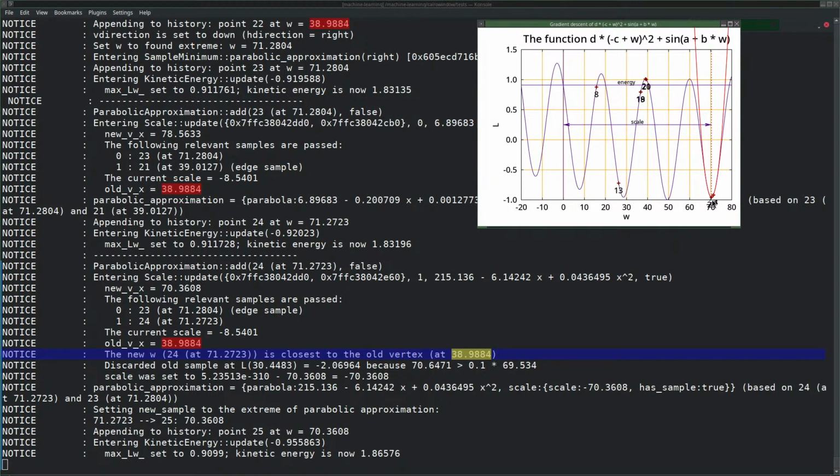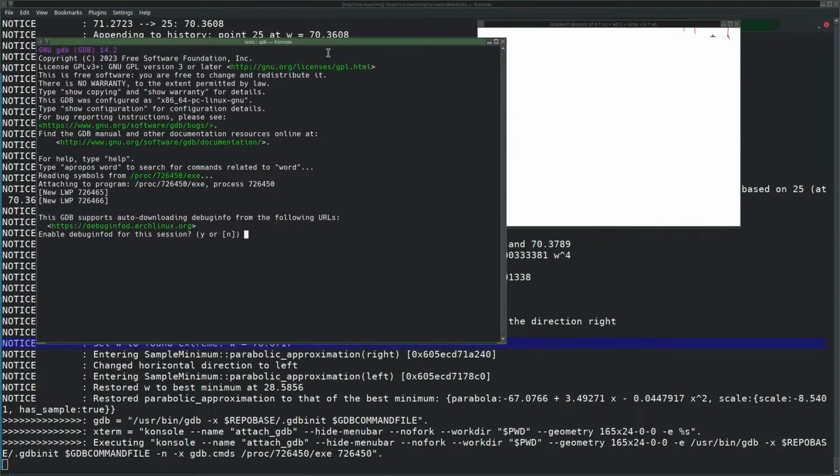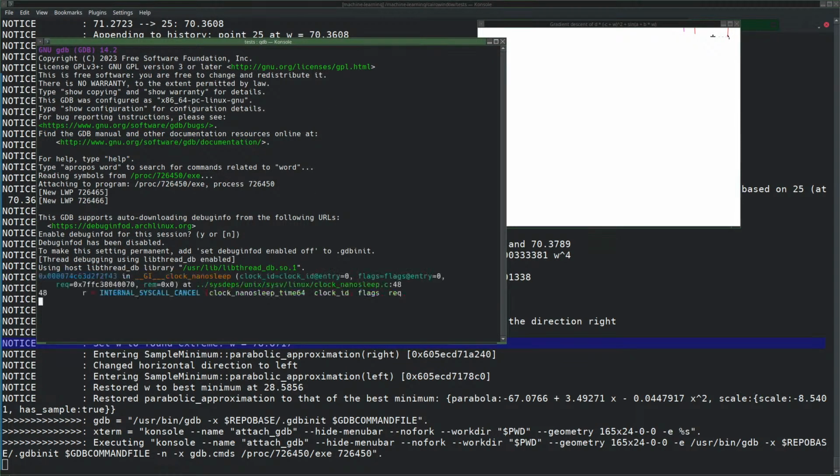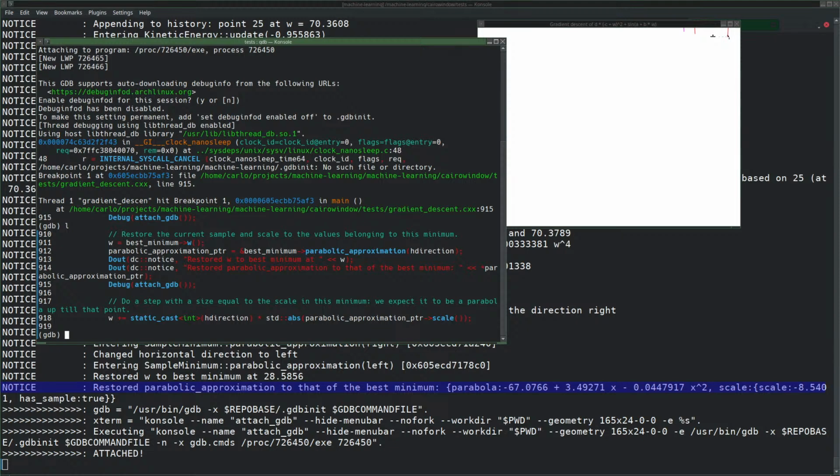And then what happens here? It opens the debugger. What? Why? What?